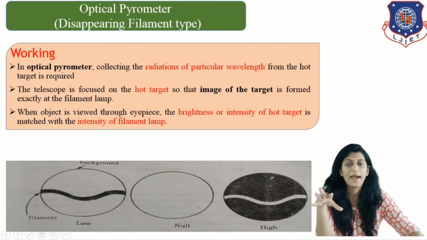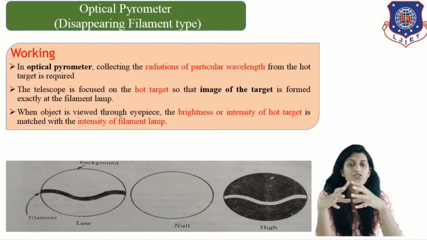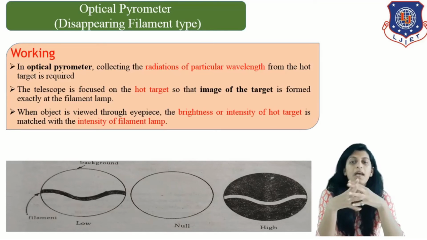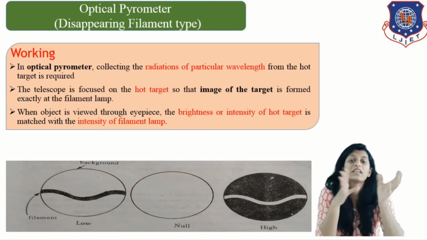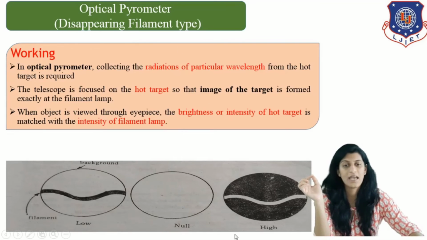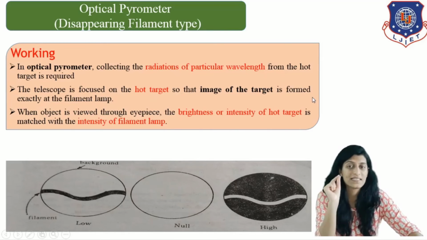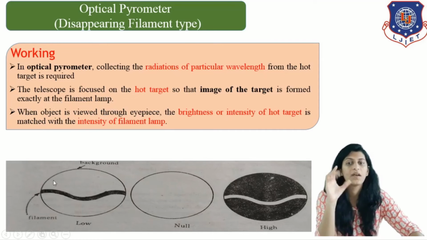In the optical pyrometer, the radiation of a particular wavelength from the hot body is required, right? The telescope is focused on the hot target. This is the lens. As you can see, this dark one is our filament, right? The telescope is focused on the hot body, so the image of the target is formed exactly at the filament lamp.